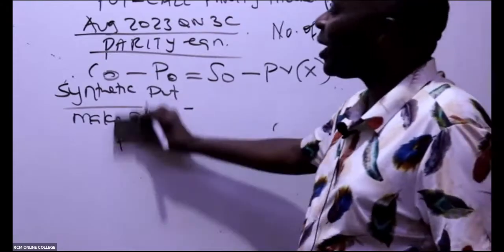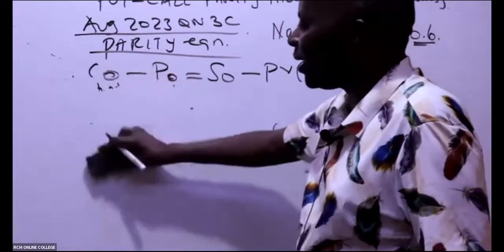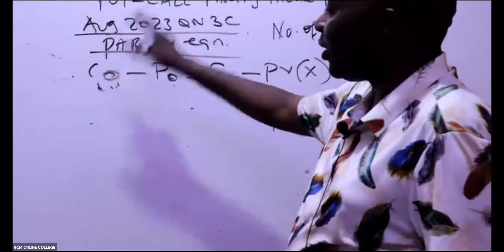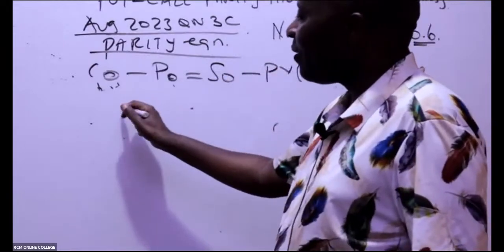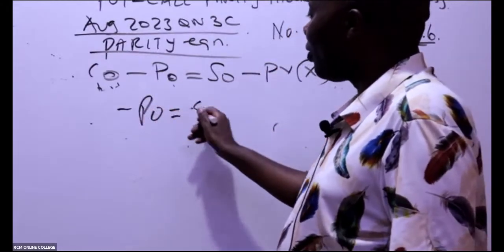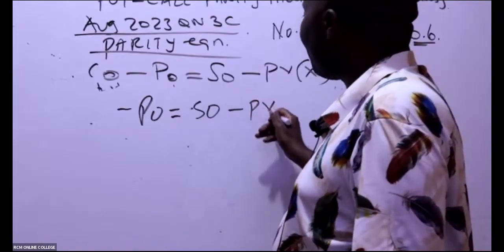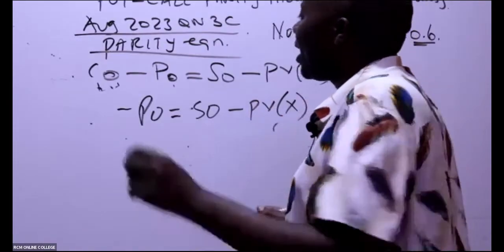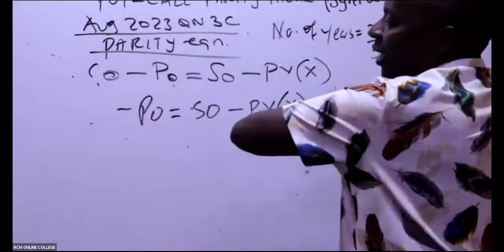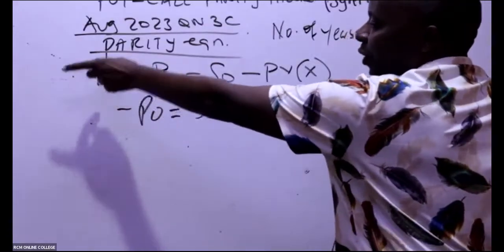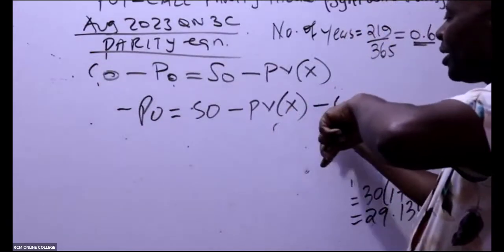If you want to make PO the subject and it has an issue for you, then what some people will do, they will take this CO to the other side. So they'll say minus PO equals SO minus PV X, and then our CO is crossing over. Upon crossing over, it becomes minus.